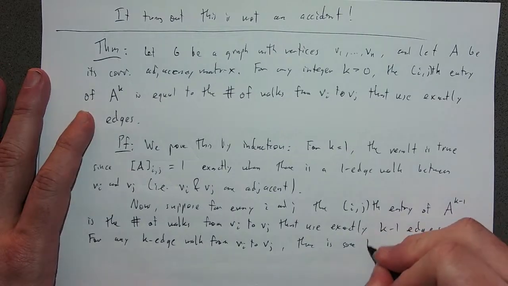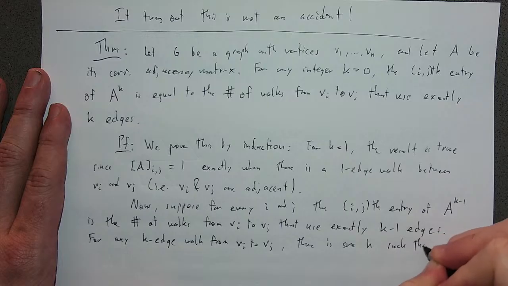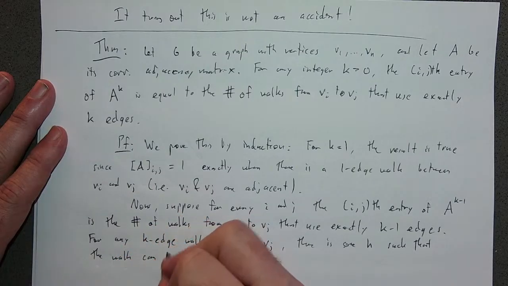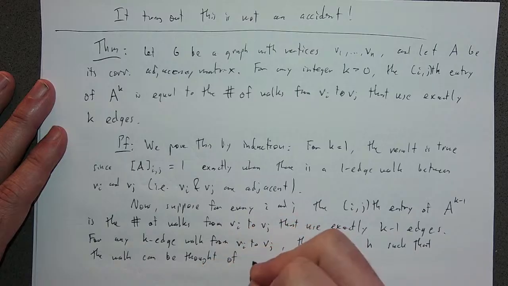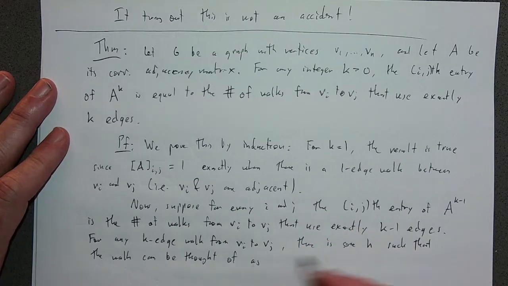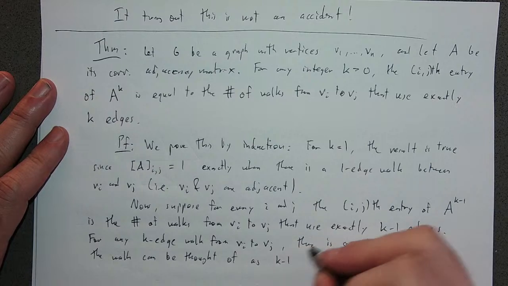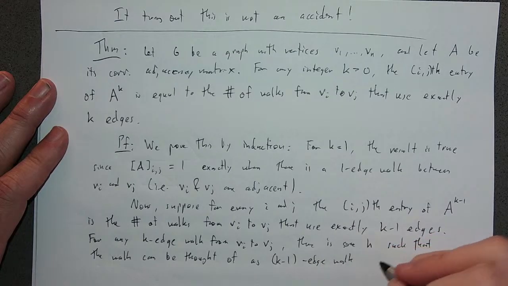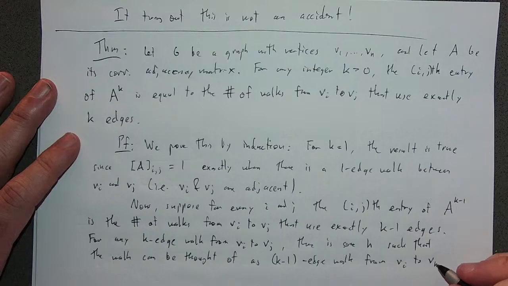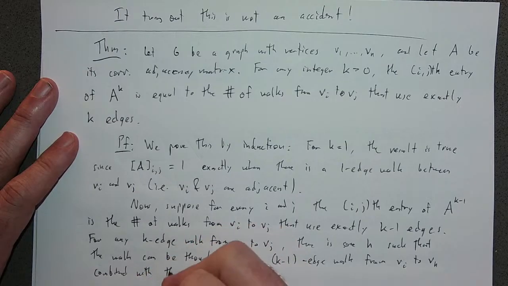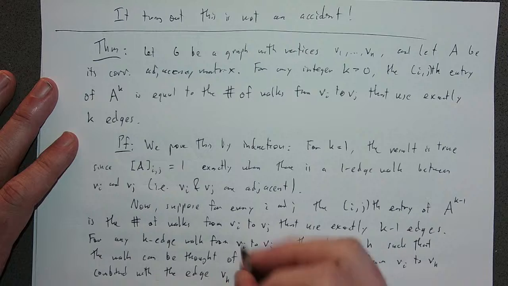So there exists some h such that the walk can be thought of as a k minus 1 edge walk from Vi to V sub h, combined with the edge Vh to Vj.